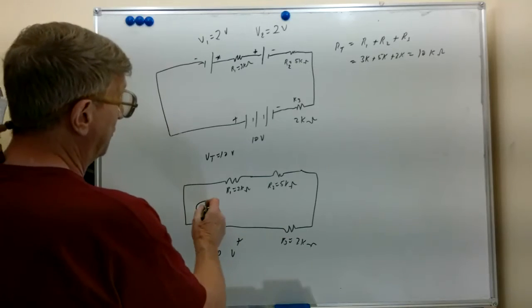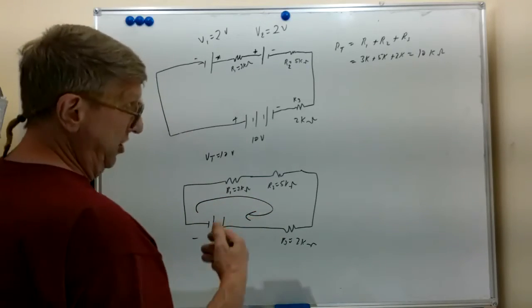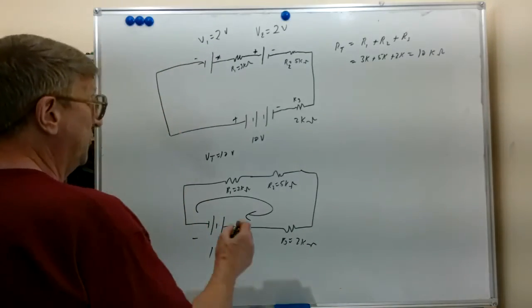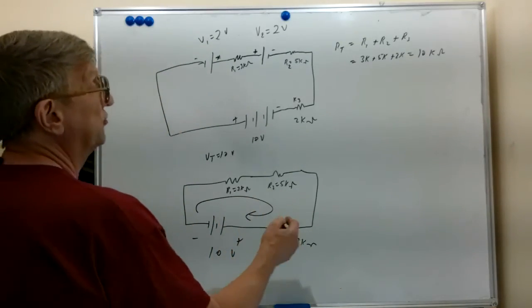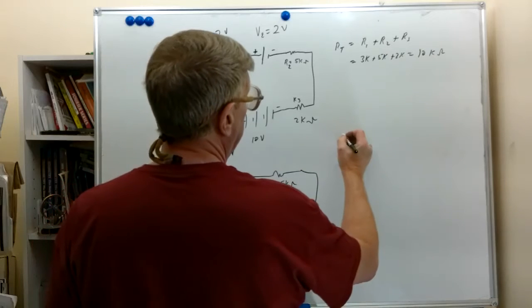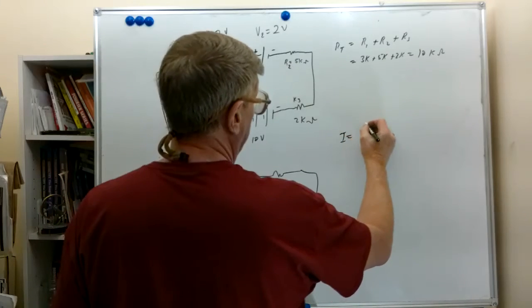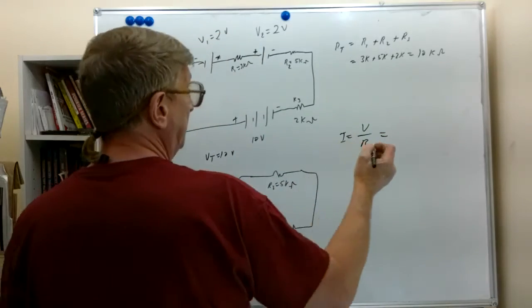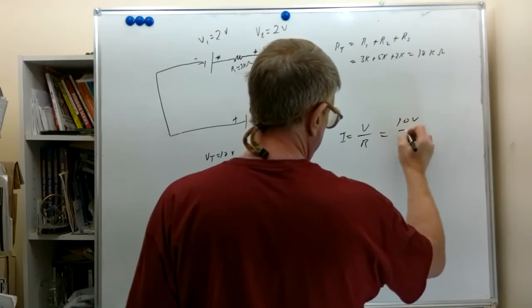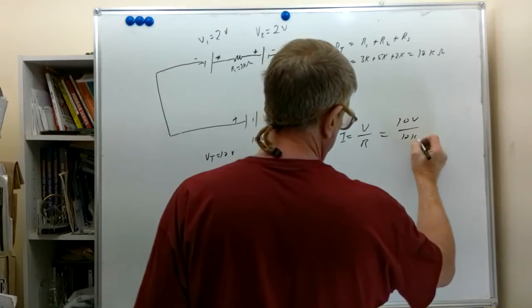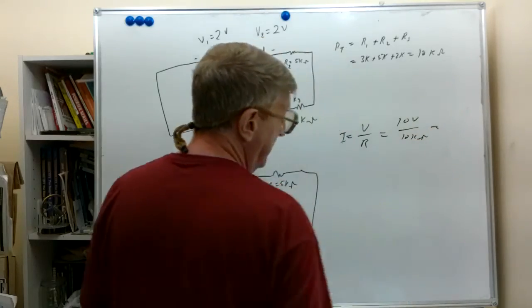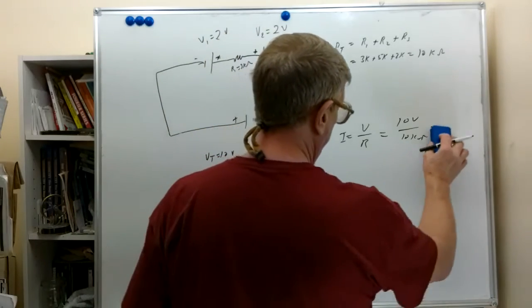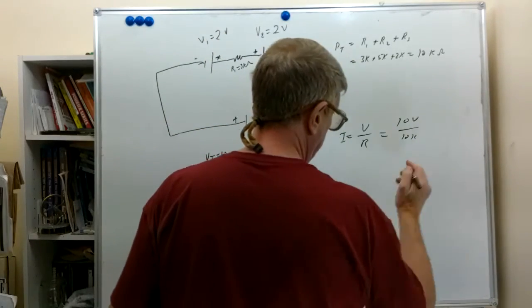Negative, positive, we know that our current flows in this direction, our electron current flow. We want to find out what that electron current flow is. We add up the voltage sources, which we did up here, and found 10K. We have I equals V over R, and our V was 10 volts, and our R was 10K ohms. And again, with voltage and K ohms, we can just go straight to milliamps.